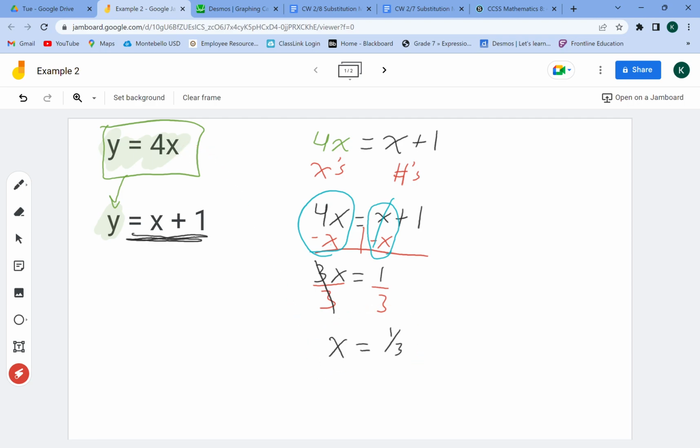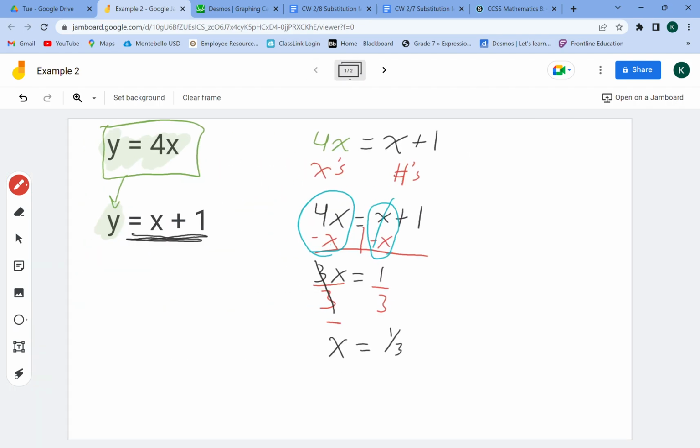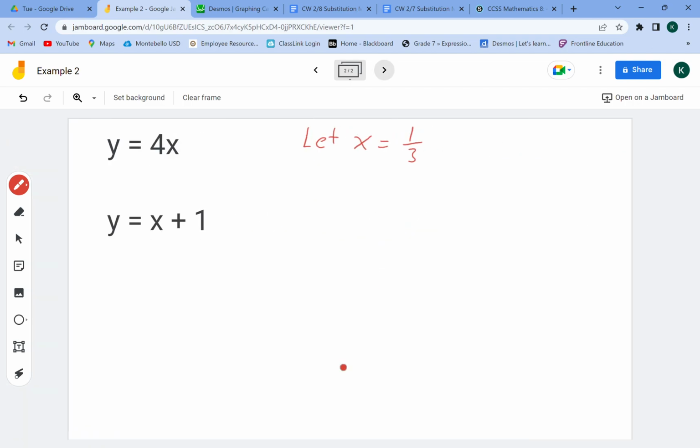Okay? I'm going to open up another slide, and I'll put it in red here. I'm going to say let x equal 1/3. Notice here, I copied this part, x equals 1/3. I'm going to plug it into the first one. Let me put it in blue.